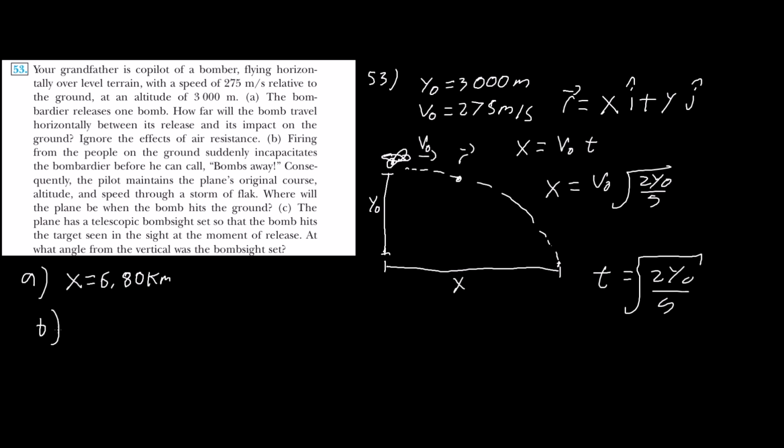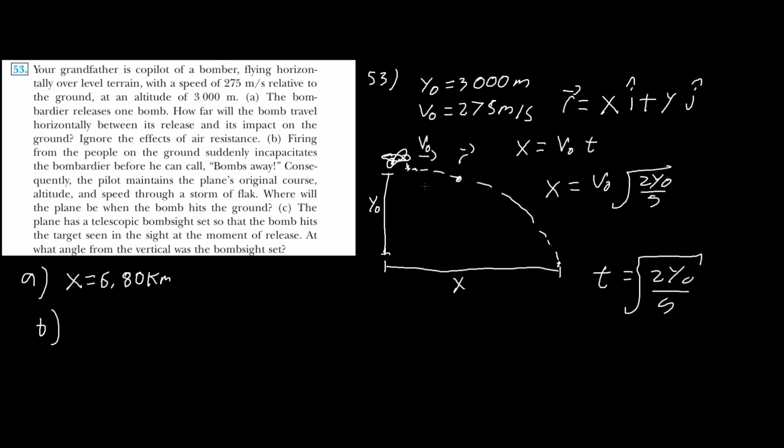Firing from the people on the ground suddenly incapacitates the bombardier before he calls bombs away. Consequently, the pilot maintains the plane's original course, altitude, and speed throughout. That's another way of saying the plane is always traveling horizontally at that speed. So if this plane releases the bomb, the bomb is going to travel with the exact same horizontal velocity component as the plane if it maintains its course.